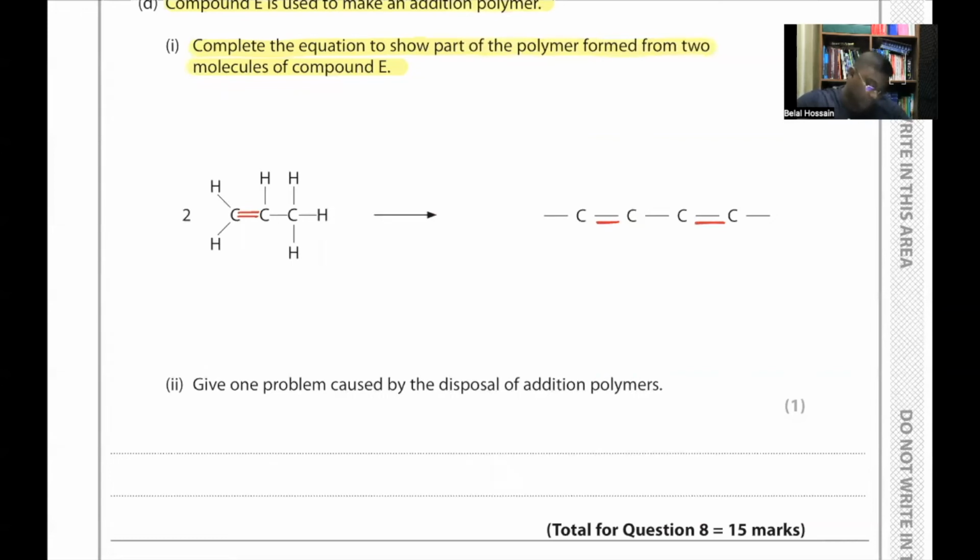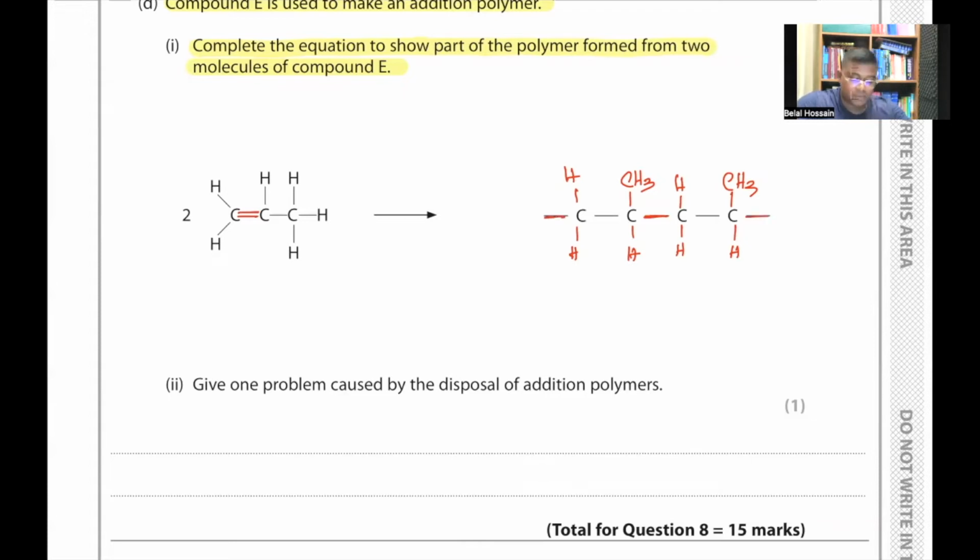So we will have to understand that one of the carbons contains a CH3. So we will write that CH3. And we'll make the double bond disappear because they have already formed the new bonds. These bonds are formed when the double bond disappeared. So we'll let it be that way. So that's how you do it.